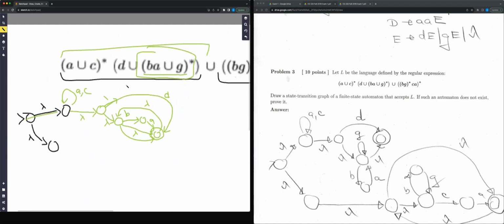So this is my final state. This is my top path. You can put lambdas whenever you want. Whenever you think you need a lambda, just put a lambda. Like originally I thought I might have needed a lambda for this, but I don't. I saw that I could just throw a D to go all the way to my final state and call it a day.